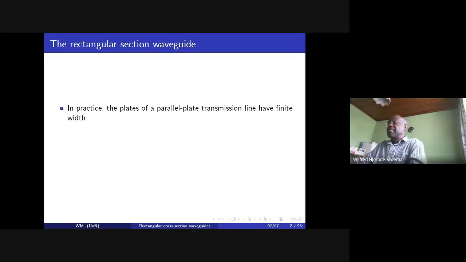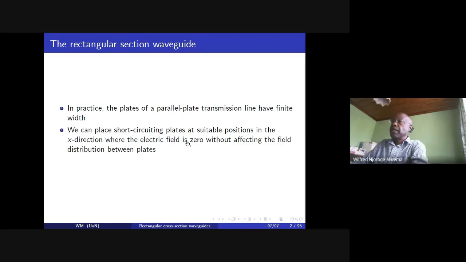But in many cases, the width of the plates is not going to be infinite. It's going to be finite, just like we saw for the parallel plate transmission line. We gave it a width of W. The only thing we required is that W be much larger than the plate separation. So in practice, the plates of the parallel plate transmission line will have finite width.